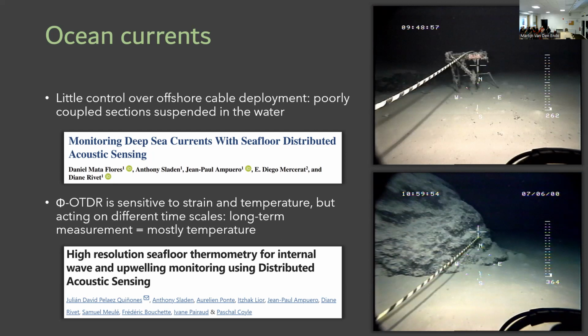With your boat, you just toss your cable in the water, and then eventually it will sink and hit the bottom of the sea, but you don't really know what's down there. And very often we get into a situation like this, where your cable is stuck on a ridge or rocks, and so it is not touching the sea floor. So it doesn't record seismic energy anymore because it's hanging in the water column. It is suspended.